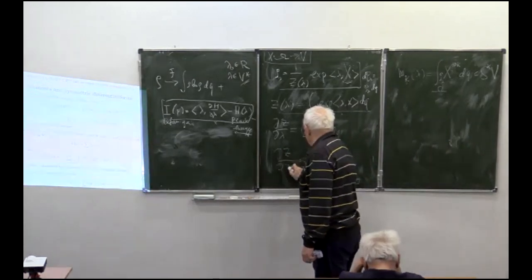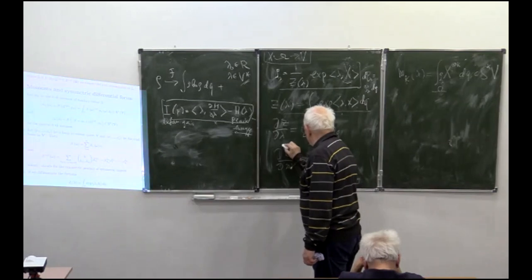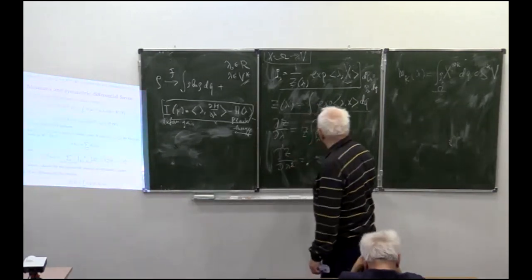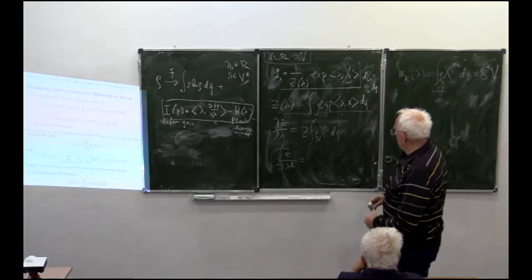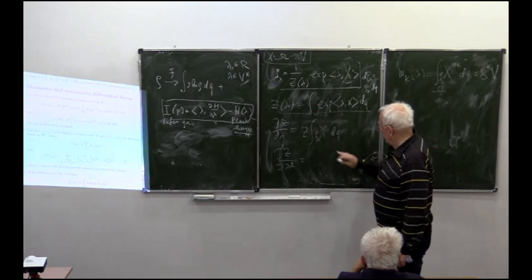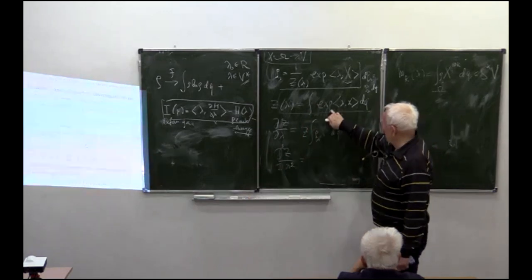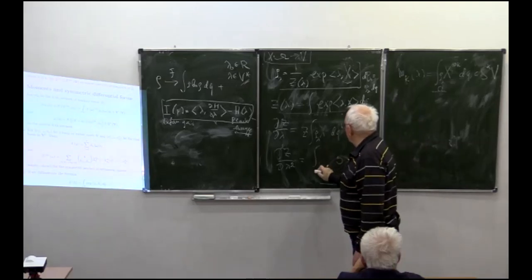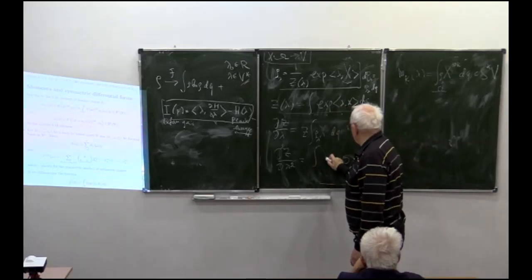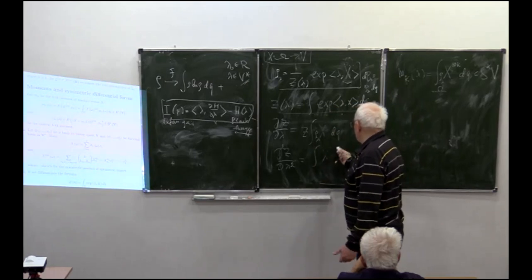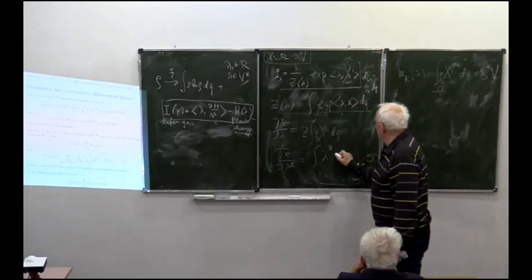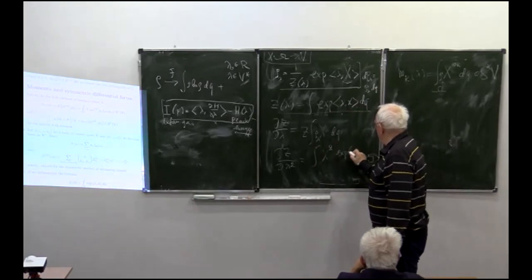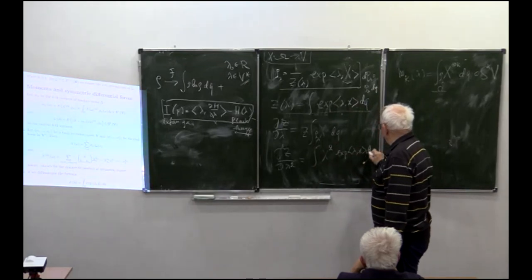If you take the second derivative, you should differentiate this once more, but it's better not to differentiate this, and instead take the second derivative of this. When you differentiate twice, you will get an integral. Here you will get x squared. It doesn't matter what kind of symmetric product or tensor product, and x lambda x dq.